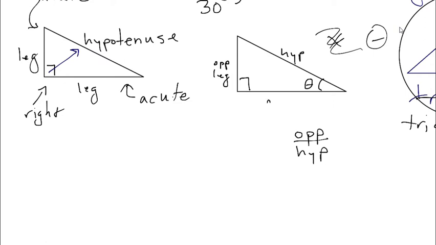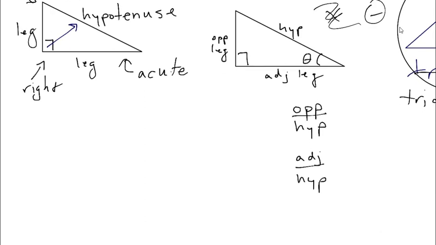And the adjacent leg, in other words, the leg that's next to the angle, not the side that's opposite the angle, the leg that's next to the angle divided by the hypotenuse is another important ratio that we're going to study.